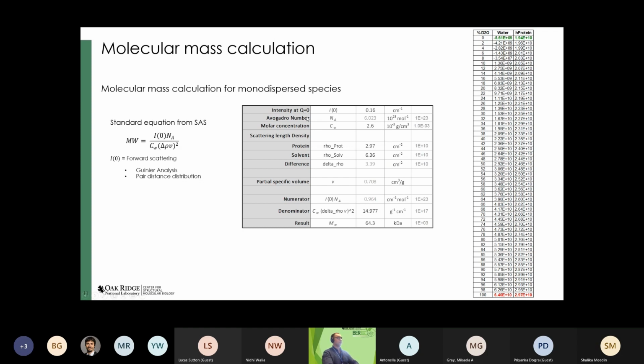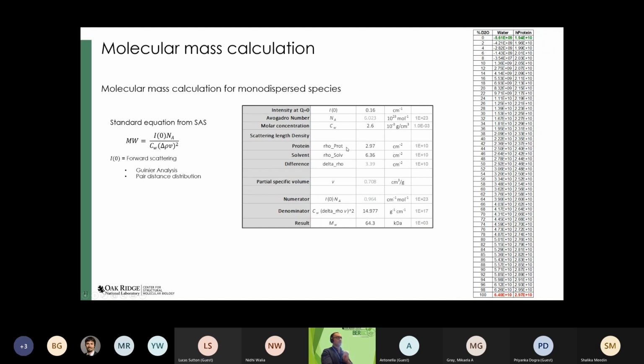So here, in this table, we can definitely share this information, you just multiply the terms on the numerator and multiply the terms of the denominator, and you can get the molecular weight of your protein very nicely. So the tricky part here is that you need to know the scattering length density of your protein in the condition where you are.